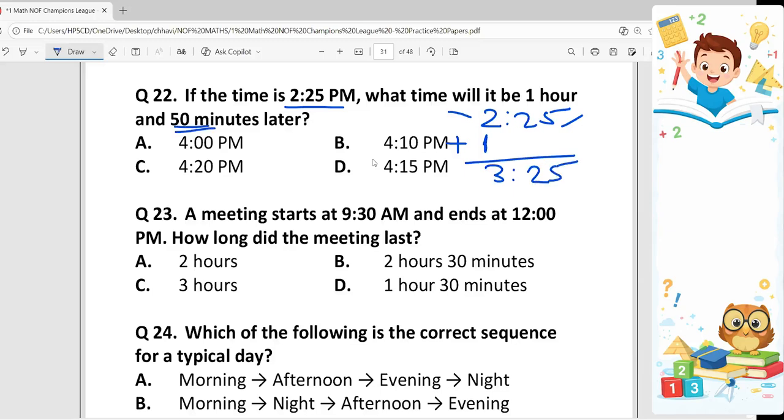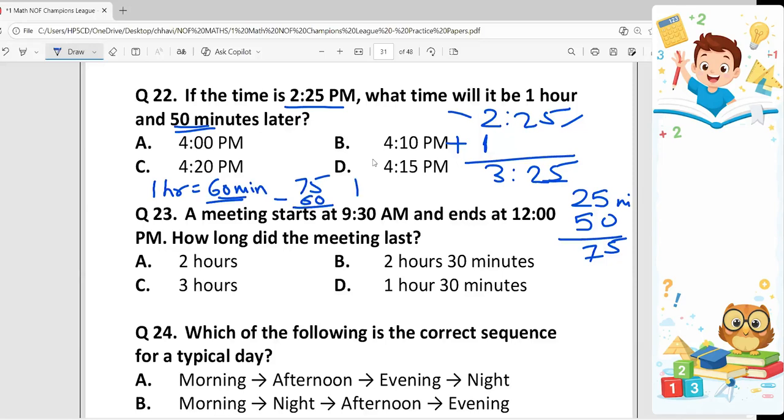Now 25 minutes plus 50 minutes, isn't it? So it will be 5 and 6, 7. Now we know that 1 hour is equal to 60 minutes, isn't it? Now it is 75 minutes. So 75 minutes minus 60, because that 60 minutes will go in the hour.